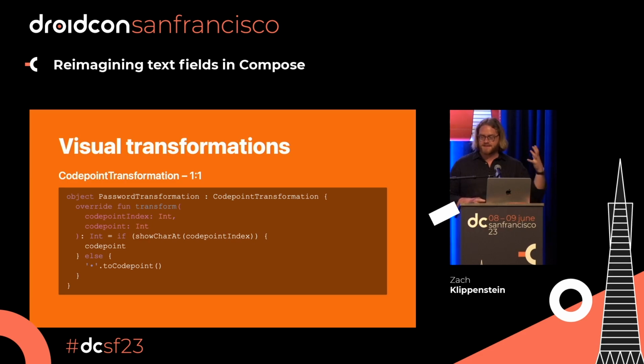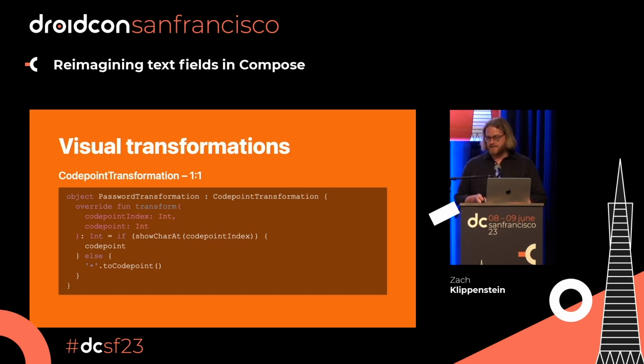So this is a function that gives you the index and the character or code point at that index, and you return something to replace it. One-to-one mapping, and that's it. You can't insert extra text or remove text. And that is something that we are aware that we need to support, and we're trying to figure out how to support it. So we don't really have any designs for this yet.